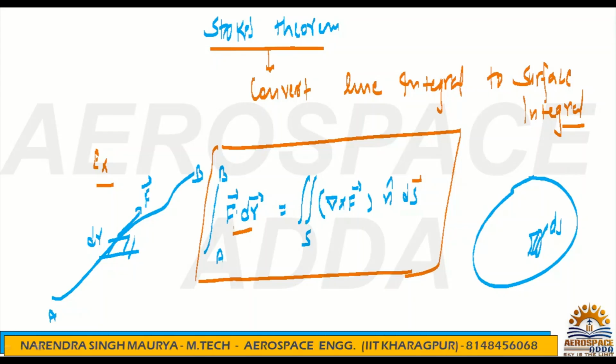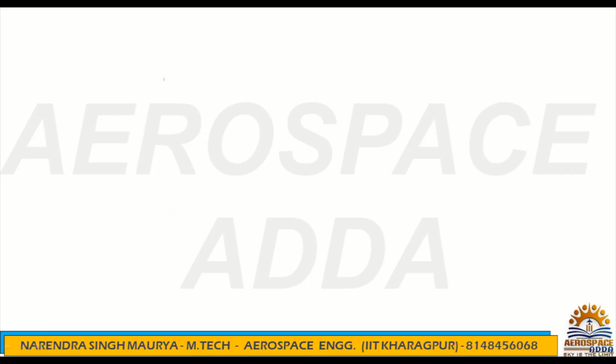So Stokes theorem was basically used to convert line integral into surface integral, and once you convert, you will get curl of F vector dot n cap, which is normal to the surface, and ds is the surface area or elemental area, right? This is the direct formula through Stokes theorem I have written here. So now our formula, what do we have?